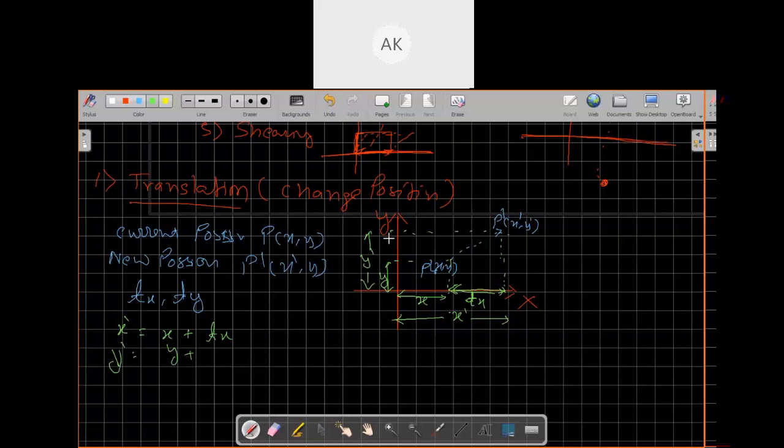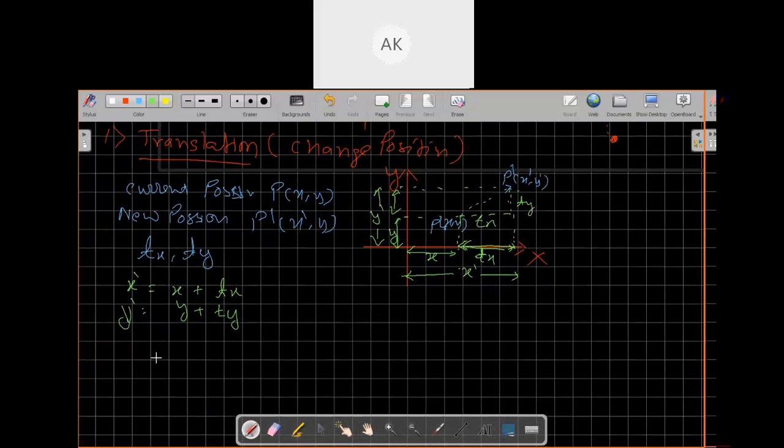So how can we relate this difference? What we are doing is changing the x in the x direction: x dash is x plus tx. This is tx, the translation parameter. We are changing the value of x with tx.